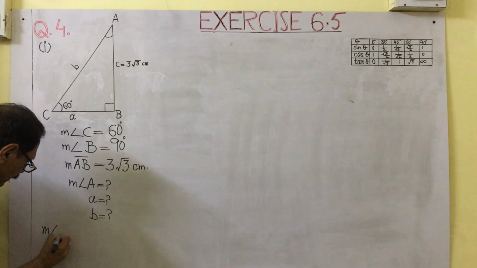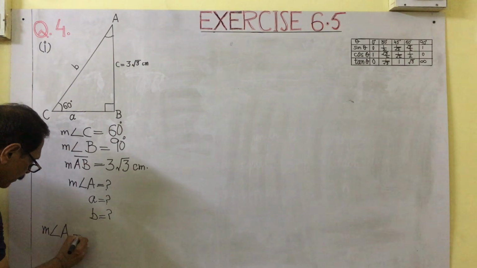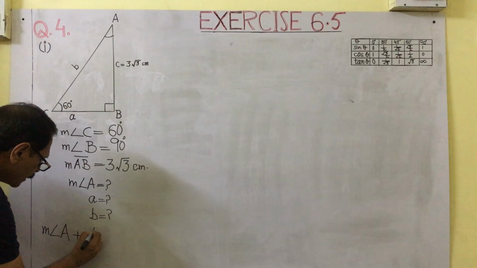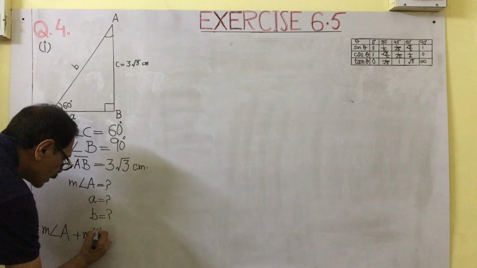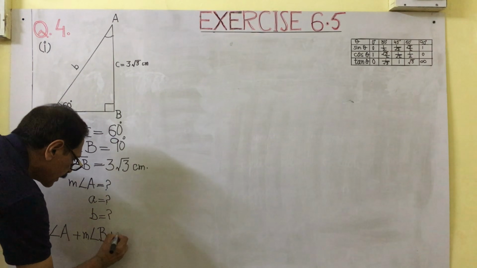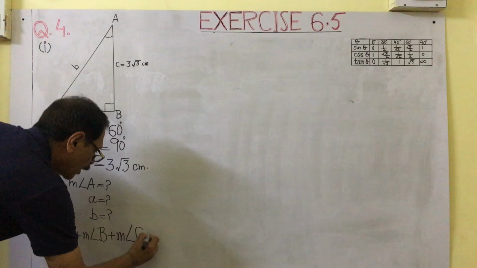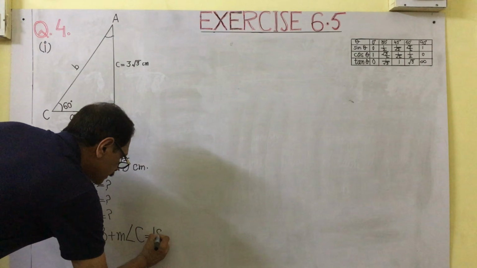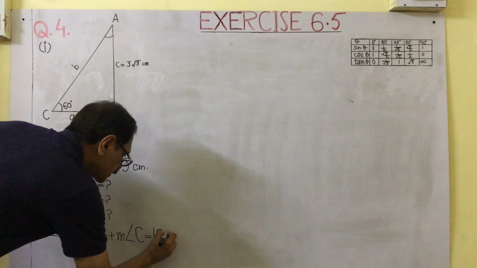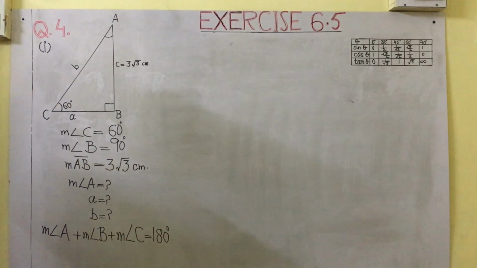Angle A plus angle B plus angle C is equal to 180 degrees. Sum of three angles is always equal to 180 degrees.